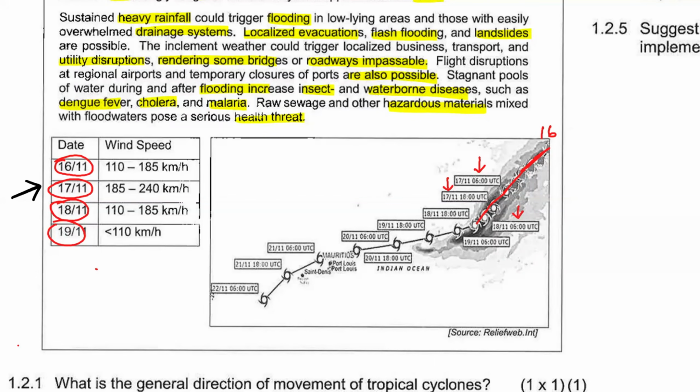It continues, 18th of November 6 o'clock in the evening. It continues, 19th of November 6 o'clock in the morning. They continue monitoring it, and then on the 19th 6 o'clock in the evening, it continues and continues. It goes on to the 20th 6 o'clock in the evening. Actually, you can see, guys, this is the Indian Ocean, right?